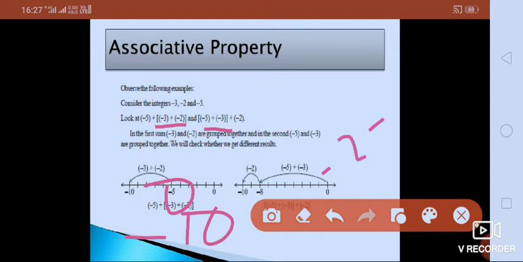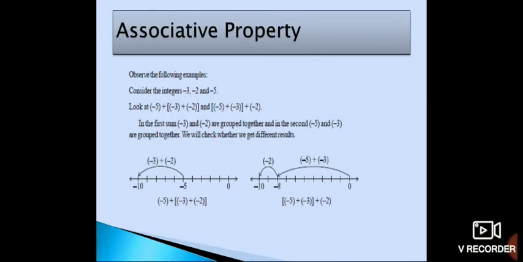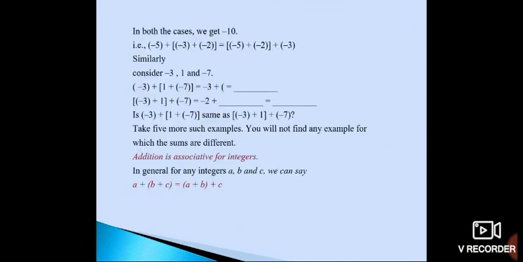Therefore minus 2 plus minus 8 again becomes minus 10. In both cases LHS is equal to RHS. So the associative property for addition holds. In both cases we get minus 10.